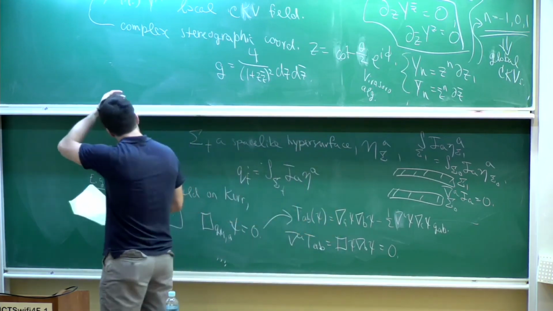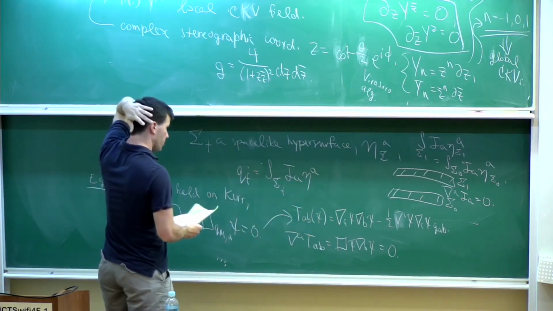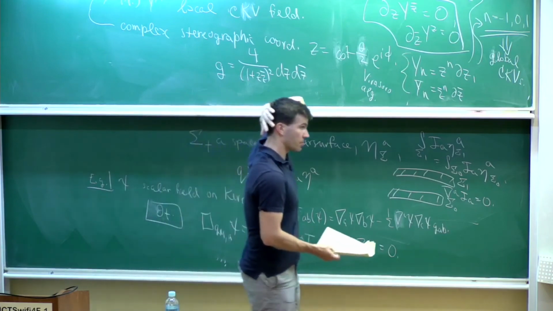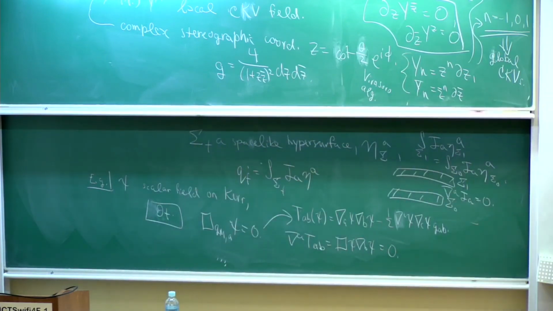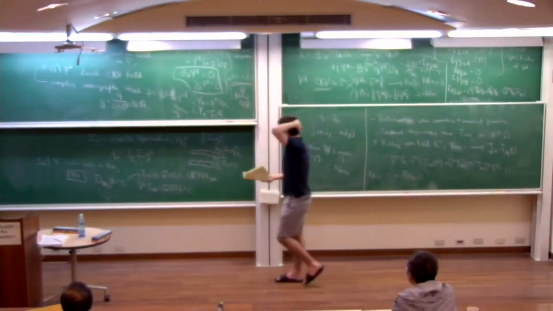So not only do we have a natural way to define charges in the case where we have a Killing vector field K, but we even have conservation thereof.